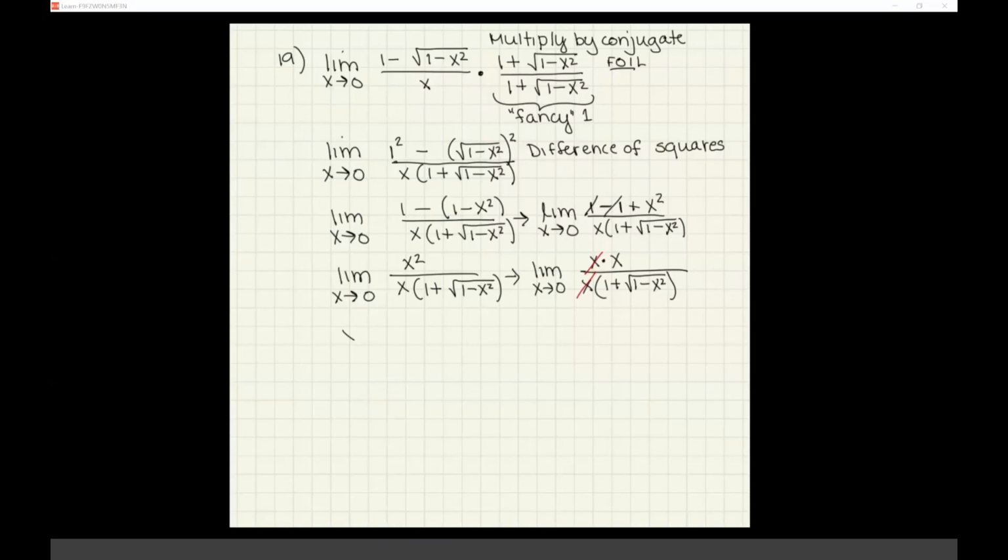I have the limit as x approaches 0 of x over 1 plus the square root of 1 minus x squared. Okay, because I got rid of that multiply by 0, right? Now all I have to do is plug in 0 for x.